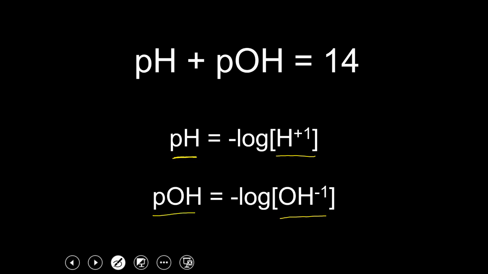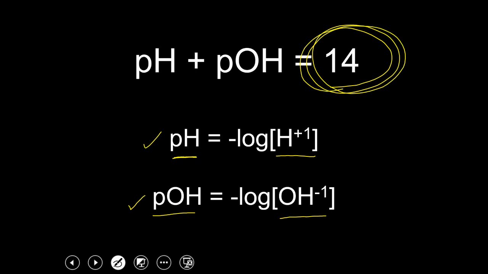To get the pOH, you just take the negative log of the hydroxide ion concentration. When you get these two numbers, the pH and the pOH, because the exponents always equal 10 to the negative 14, when you add them together, they always equal 14. And you'll see that in some math we're going to practice here in a minute.